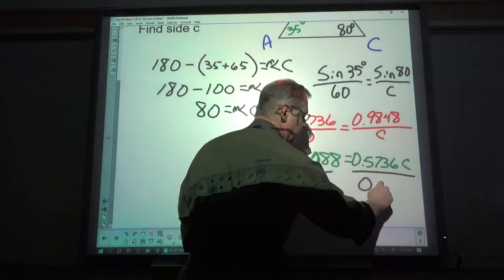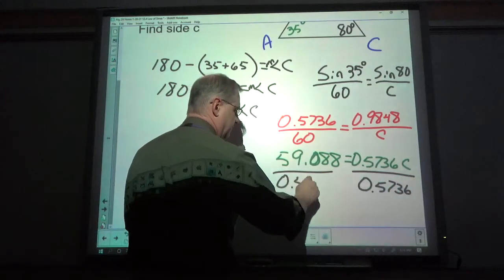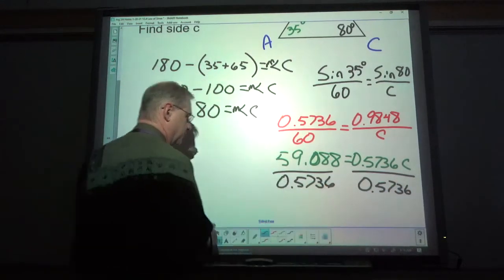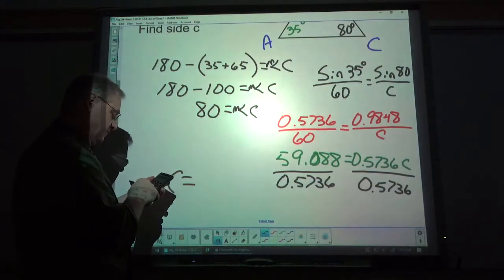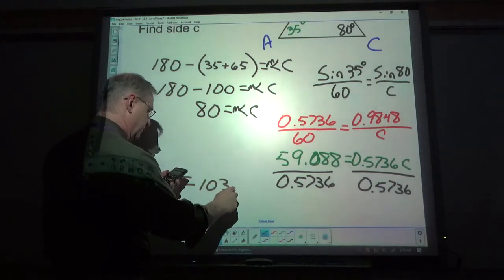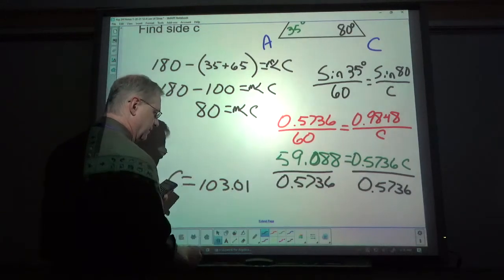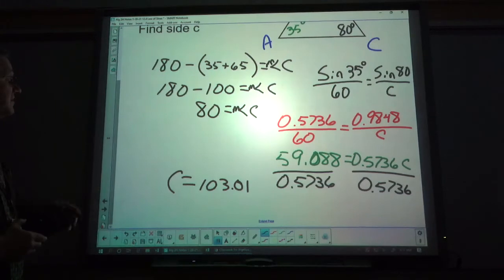Divide by 0.5736, C is going to be 103.01. So that's the length of side C, 103.01.